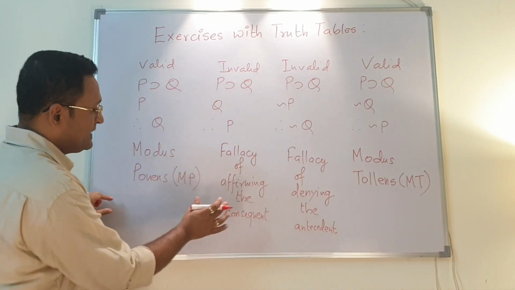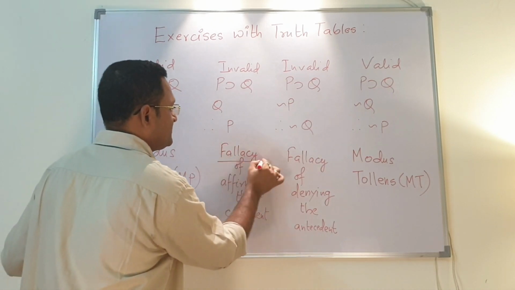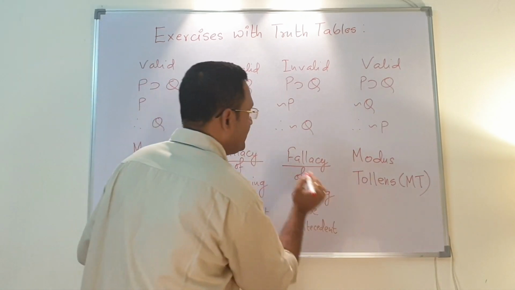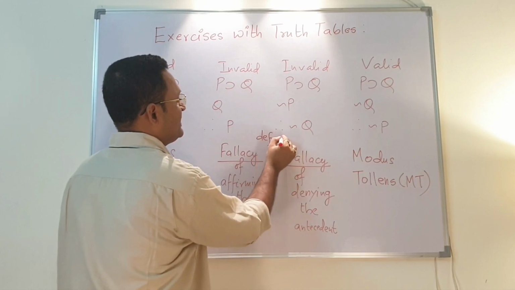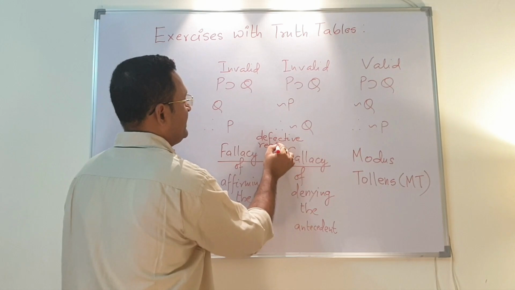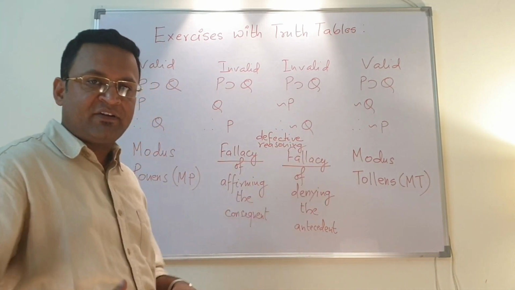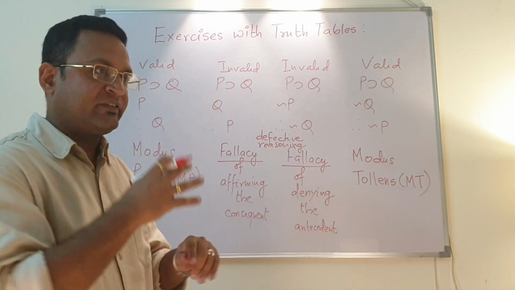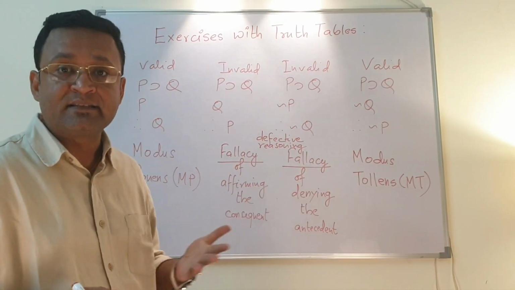Now if you check this word fallacy, what does fallacy mean? Fallacy is nothing but, if I write it, defective reasoning. There is a defect in reasoning, therefore we call it fallacy. When we say something is fallacious or something is falsified, these kinds of expressions come in different languages or different sciences.